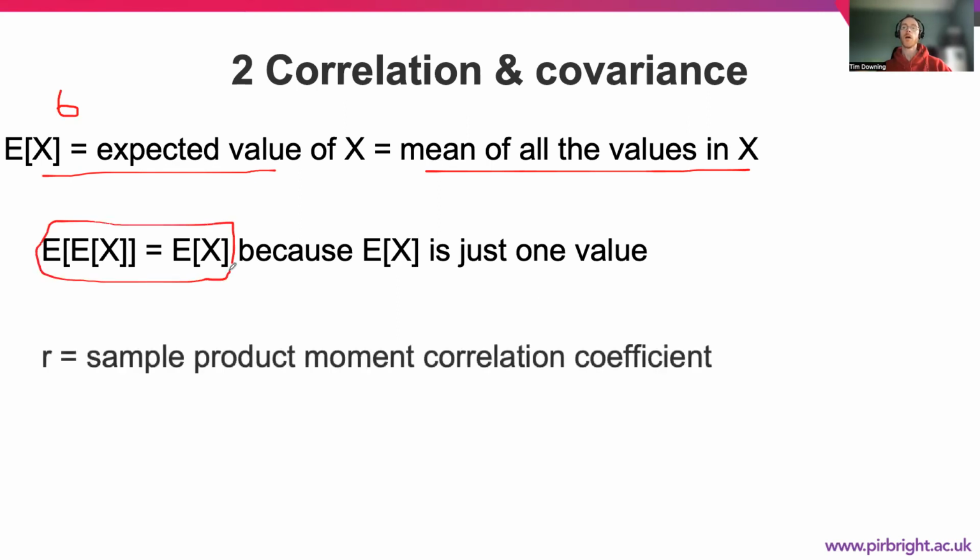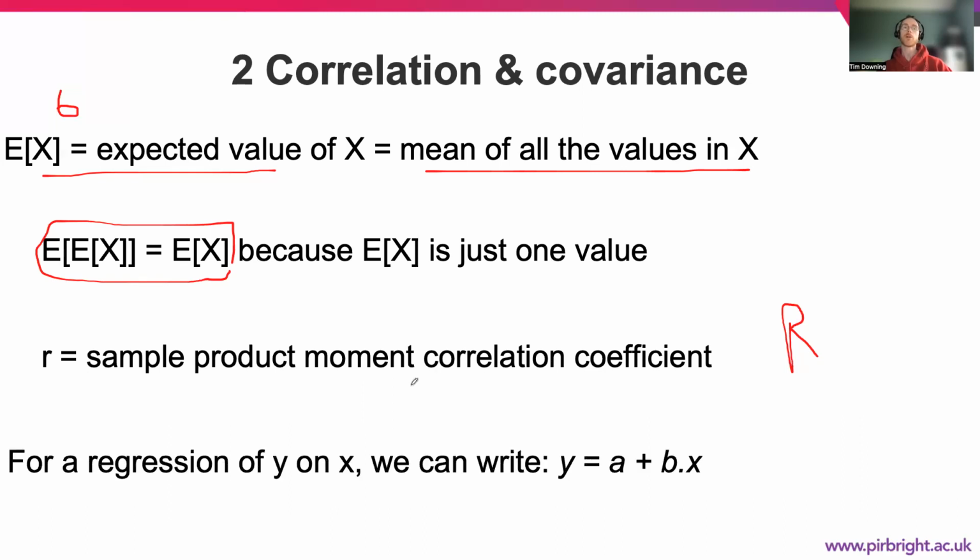We can also note that we're denoting R as the sample product moment correlation coefficient. Sometimes that's written in some resources as the capital R. And then we're talking about the regression of y on x. So we're trying to infer y based on the variance in x.